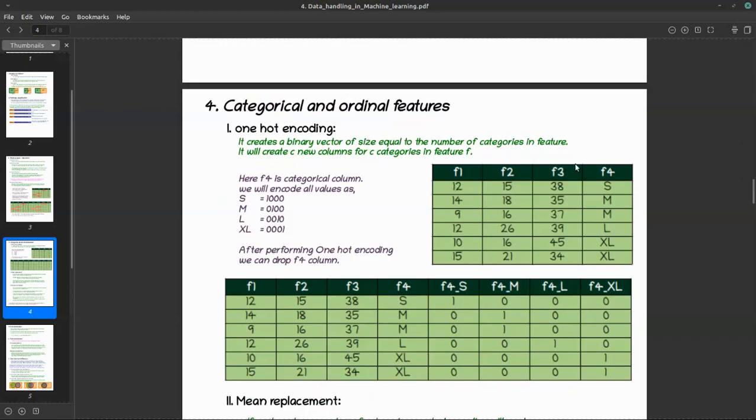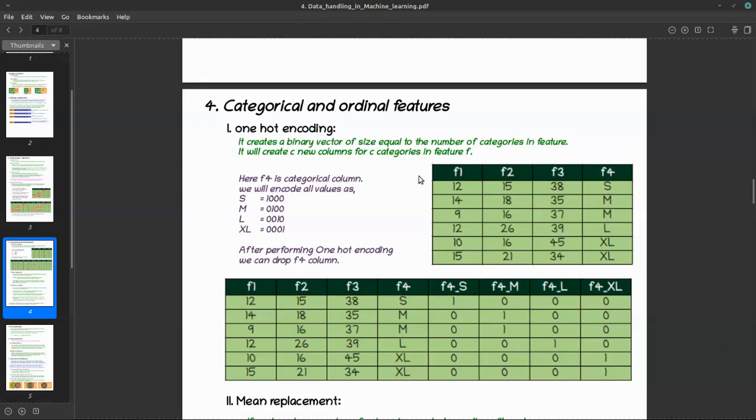Now, let's say I have this kind of data. The first and very useful method is one hot encoding. If you have a small number of categories, then and only then can you use one hot encoding. It converts your feature into a binary vector of size equal to the number of categories.